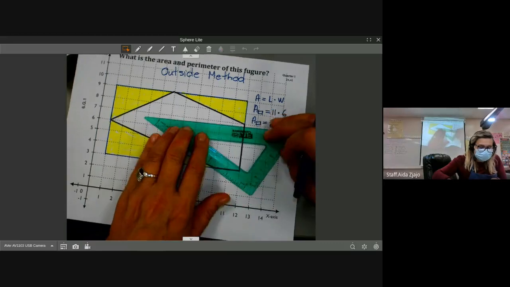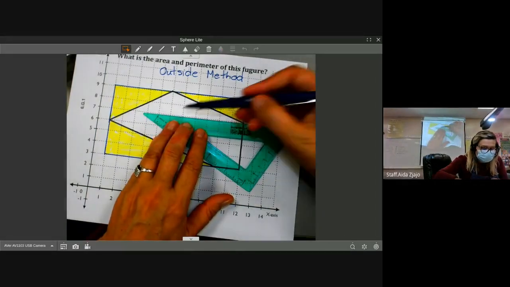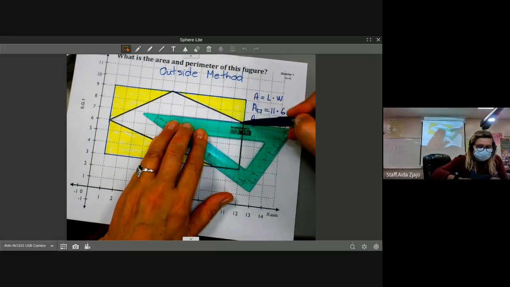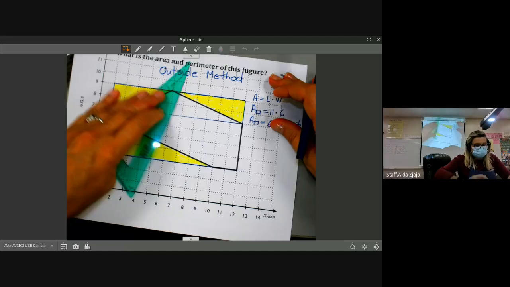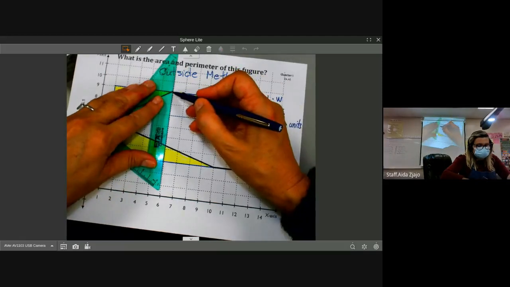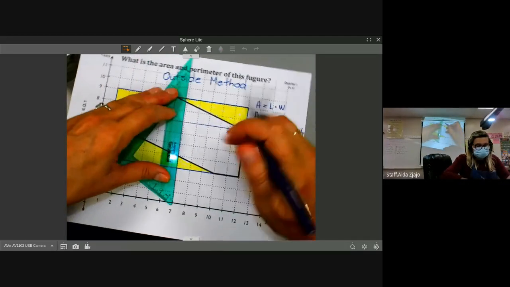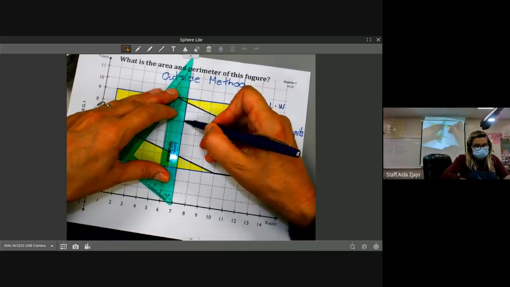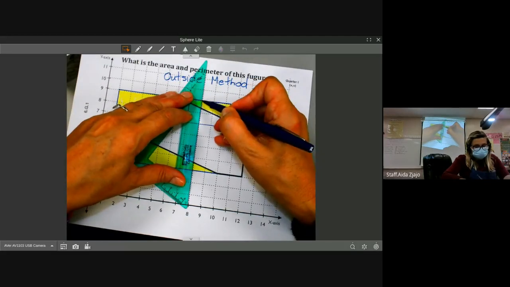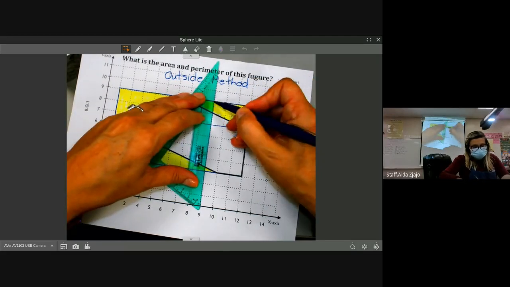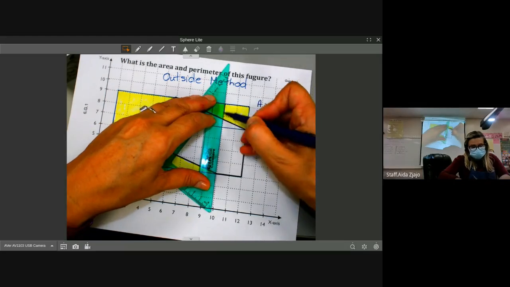We need to create a rectangle around this triangle that is yellow. So can you see that rectangle right here? And can you count now how many squares will cover the rectangle?